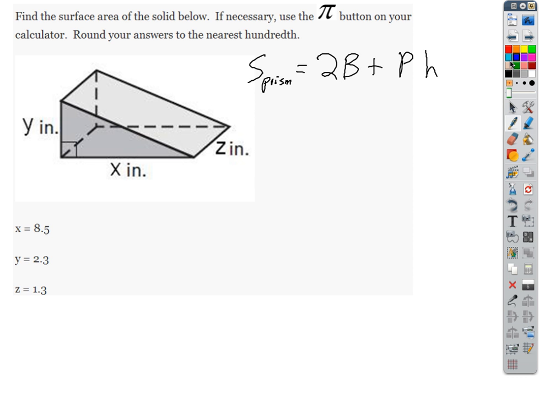So the 2B part, this is the two bases. And then this pH part, that's what we call the lateral area, right? The lateral area is this distance around, it's all this stuff in here. It goes around that way, and then it goes that bottom side, and then it goes up that side. Those are the sides we're talking about, those areas.